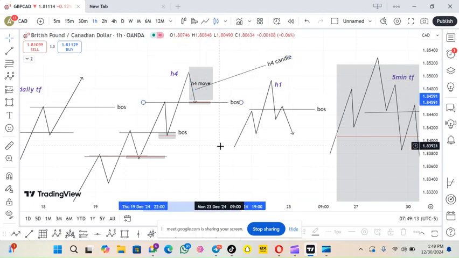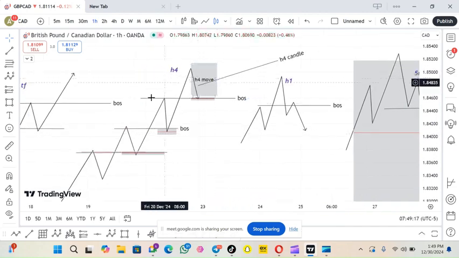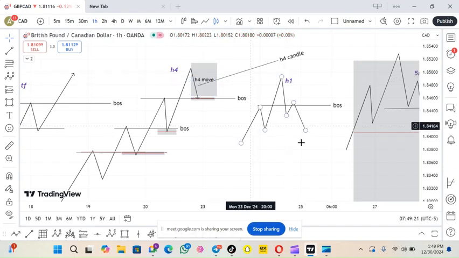You can see the way I'm trying to put it so that you understand it clearly. This H4 move here resulted as this 1 hour structure giving a shift to bearish.